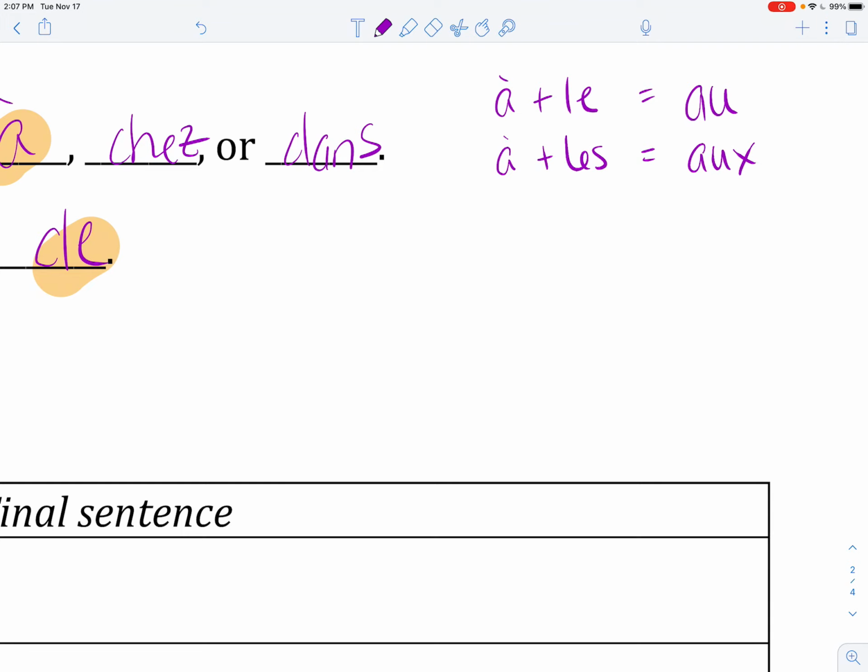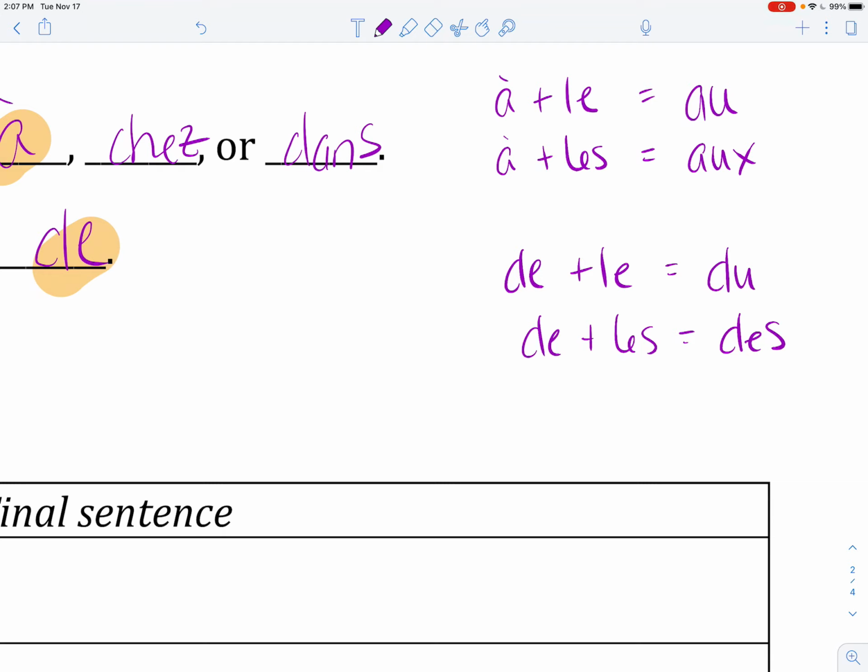So if you see one of these, you still have à at the beginning of your expression. You just have à in the form of a contraction. Same thing happens with de. If you have de and le, that's du. De and les is des. So if you see du or des at the beginning of an expression, then you have de. You just have de in the form of a contraction.